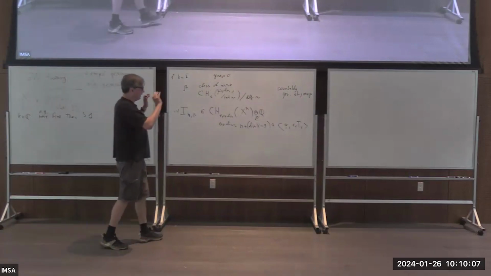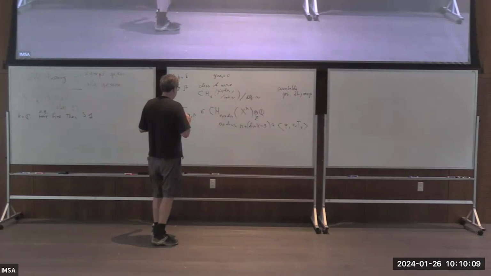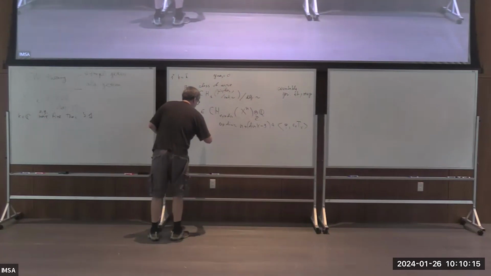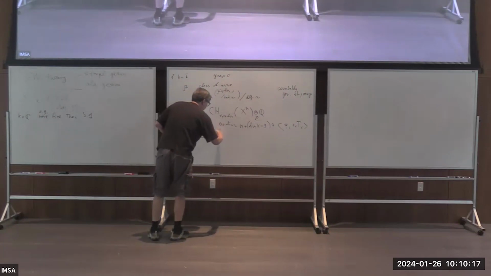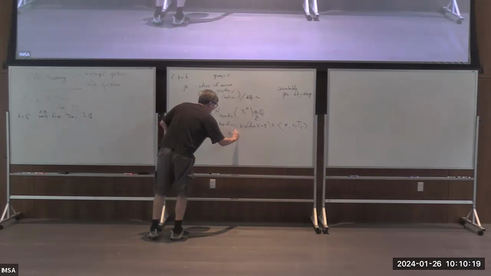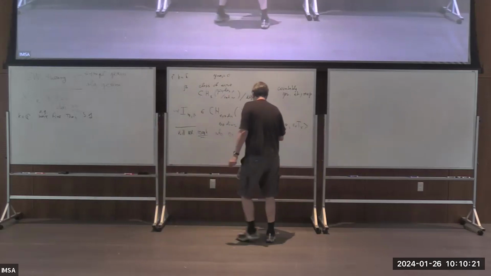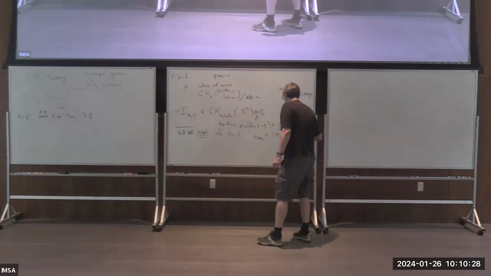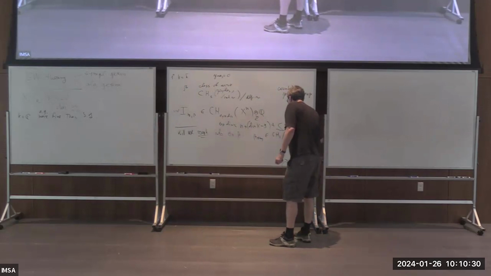Again, I will not go into the complicated information. We'll use only rough information on β. Namely, β will belong to the Chow group of 1-cycles, but now you mod out by numerical equivalence.